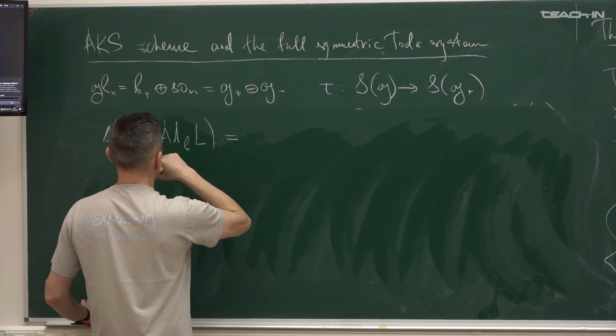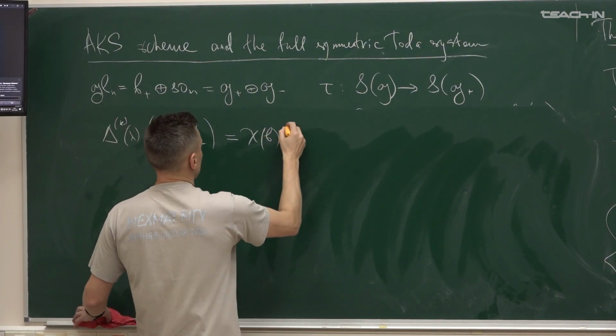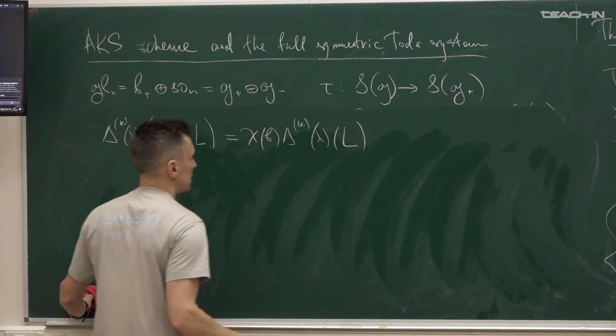And I demonstrated that it is some function depending on b, times delta k of lambda just of L.